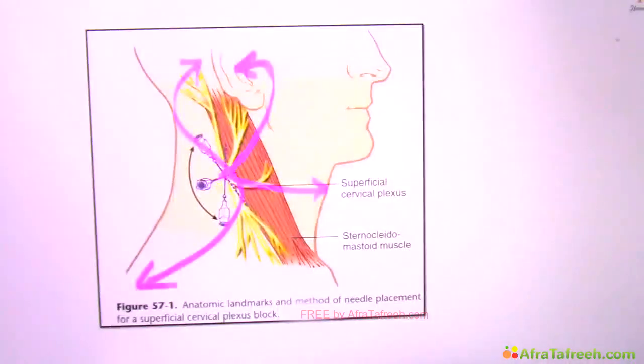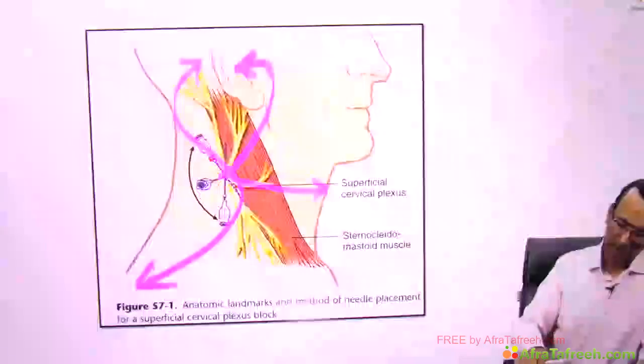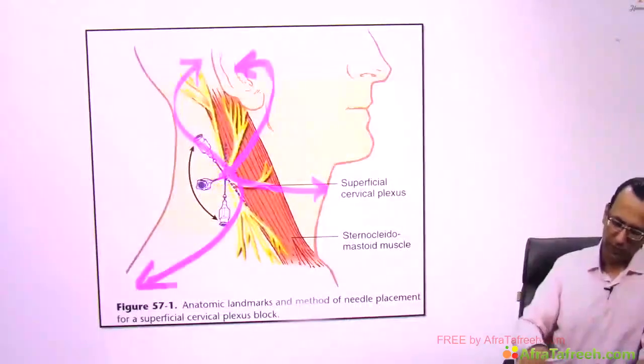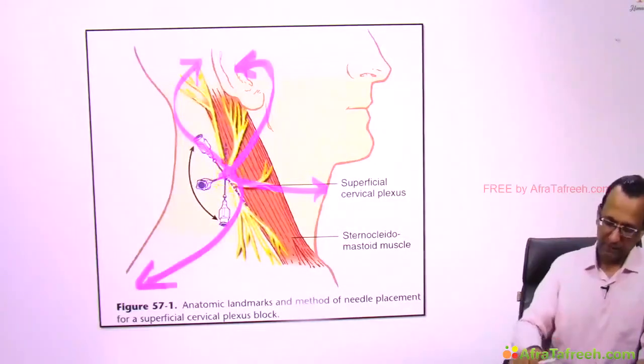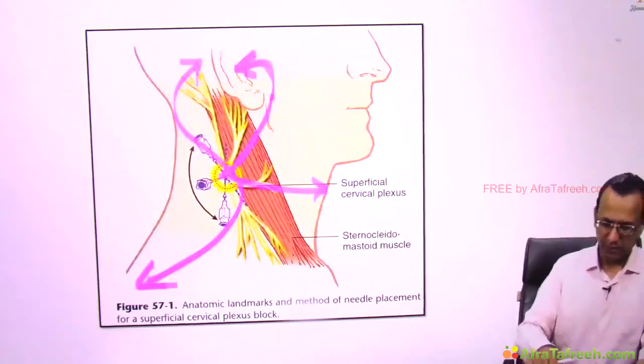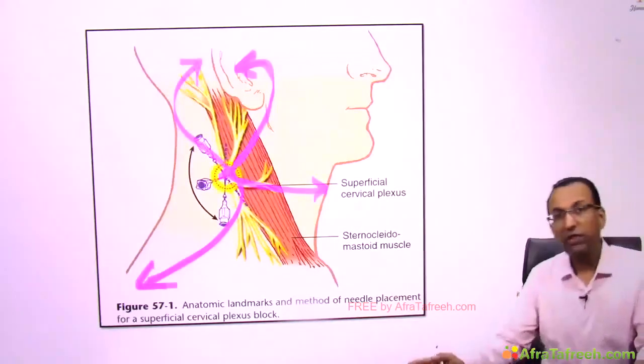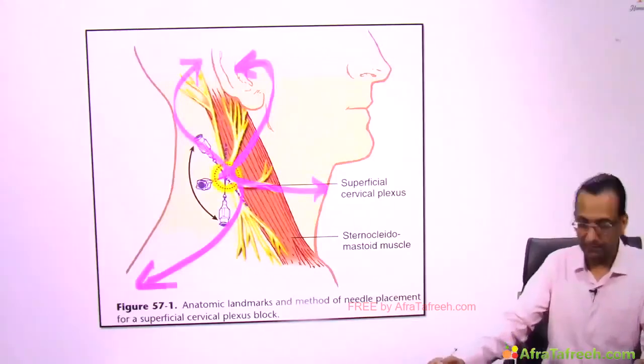So you're manipulating the needle in directions. At the posterior border and midpoint of the sternomastoid, you can block the greater auricular nerve, lesser occipital nerve, transverse cervical nerve of the neck, or the supraclavicular nerve, but not the phrenic nerve. Don't block the phrenic nerve.